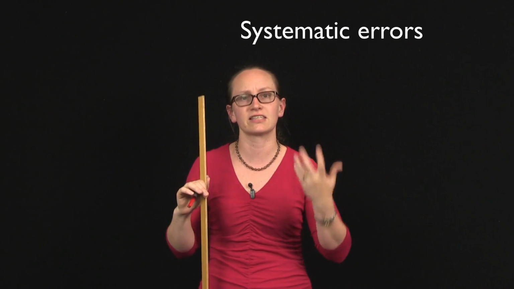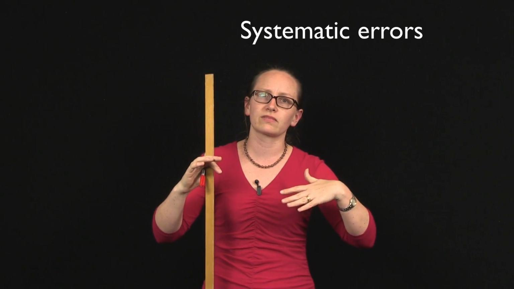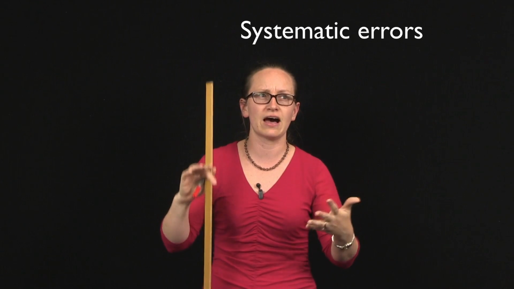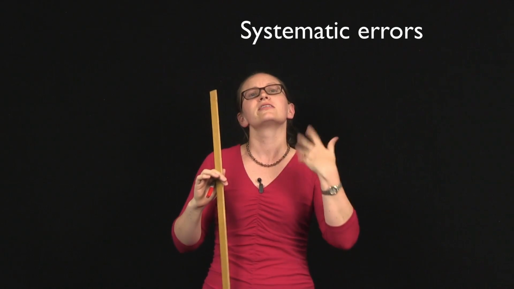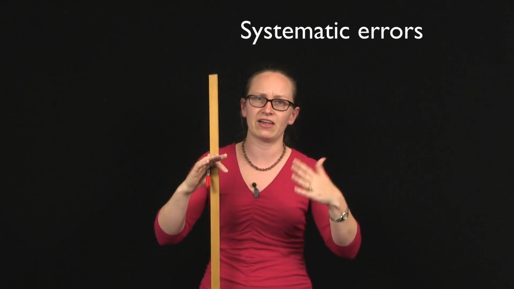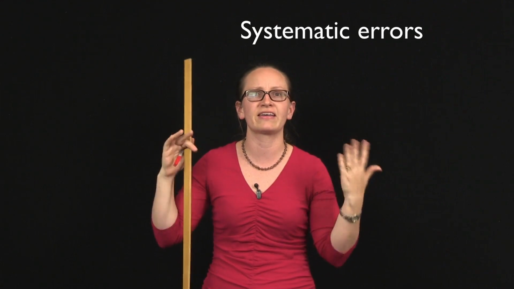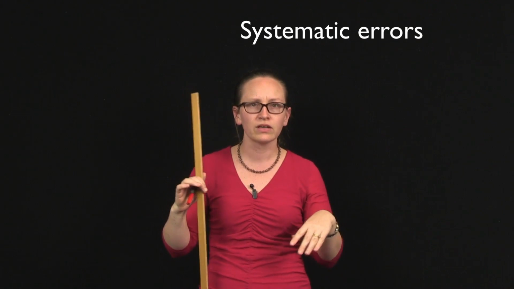So this is a systematic error. Zero errors aren't the only type of calibration errors. Some equipment can overestimate a value by, say, 5% every time, which is also a calibration error.